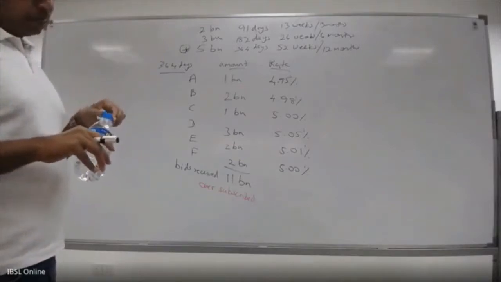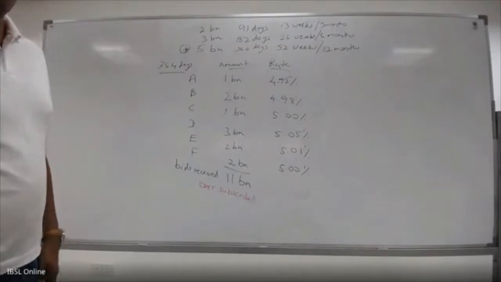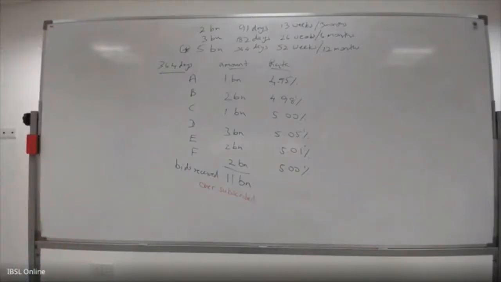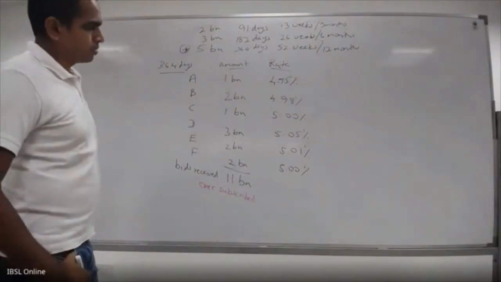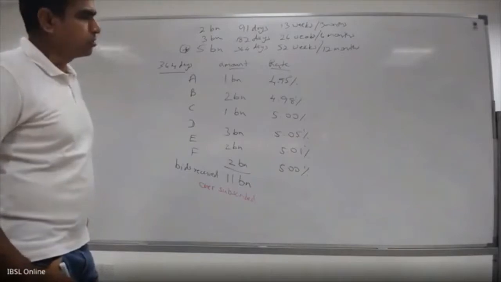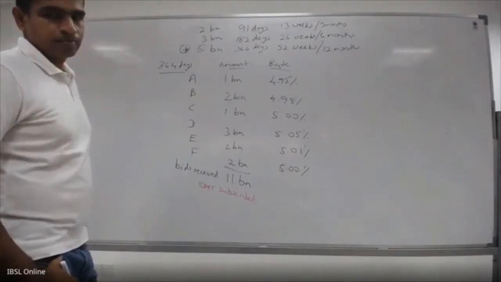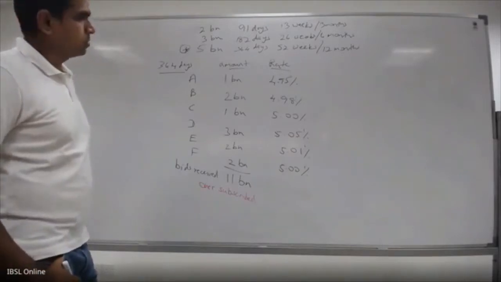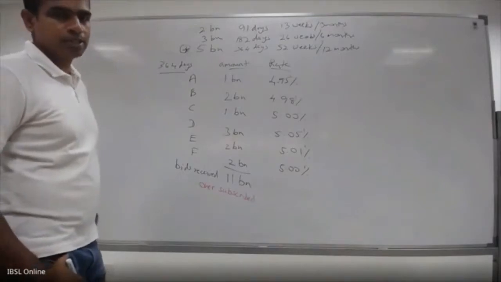Central bank is the borrower, and when the central bank or anyone is borrowing, they will try to minimize the cost. That means they will want to borrow at the lowest possible rates. Okay. So which one will get accepted first? It will be A. Yeah.